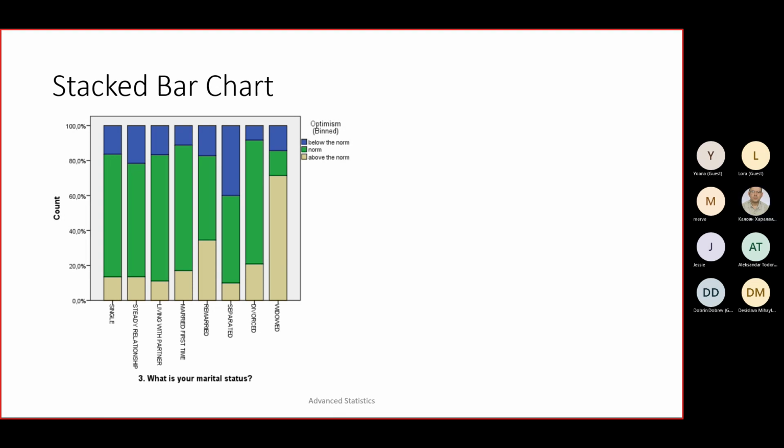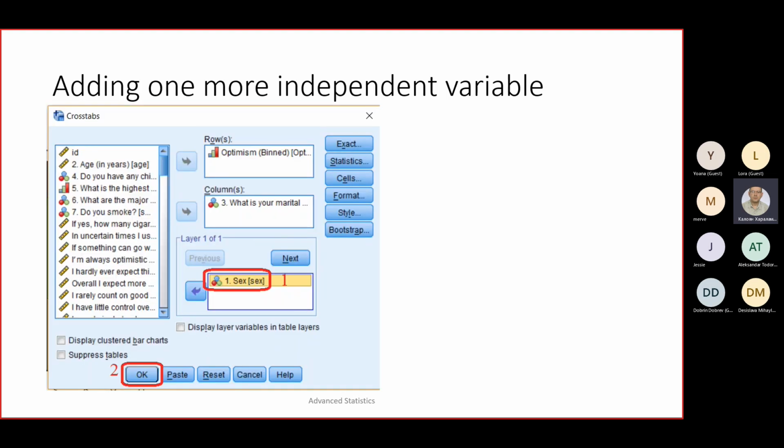So let's now add only one new independent variable. In our example, it will be gender or sex.